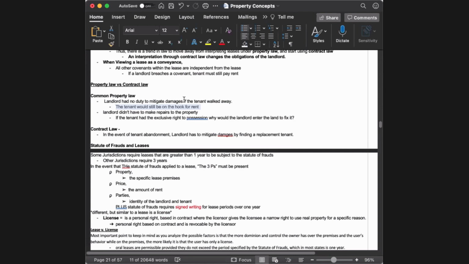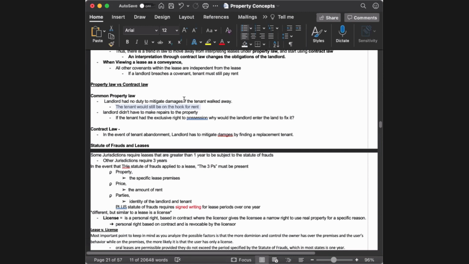In some jurisdictions, this would apply where the landlord doesn't have to, say, look for a new tenant for their property. They would just be able to run up the charges against the tenant, essentially. So they could actively not have somebody come and take over the property as a new tenant, and instead, they could just sit there with that apartment empty and run up charges of late rent against the tenant.